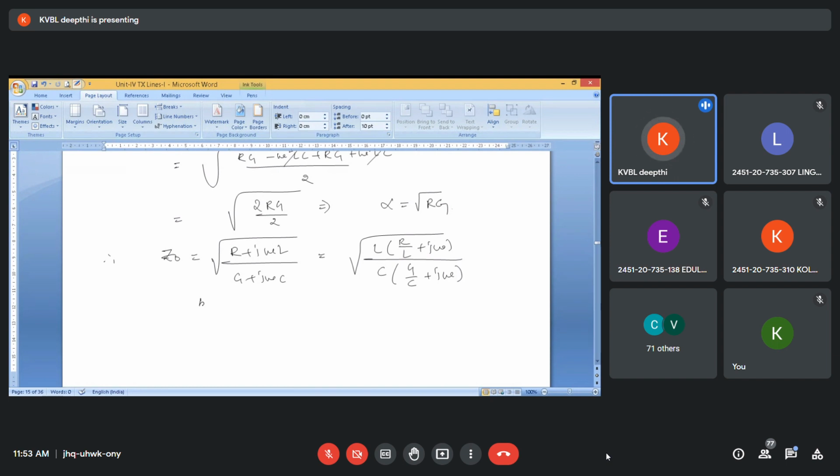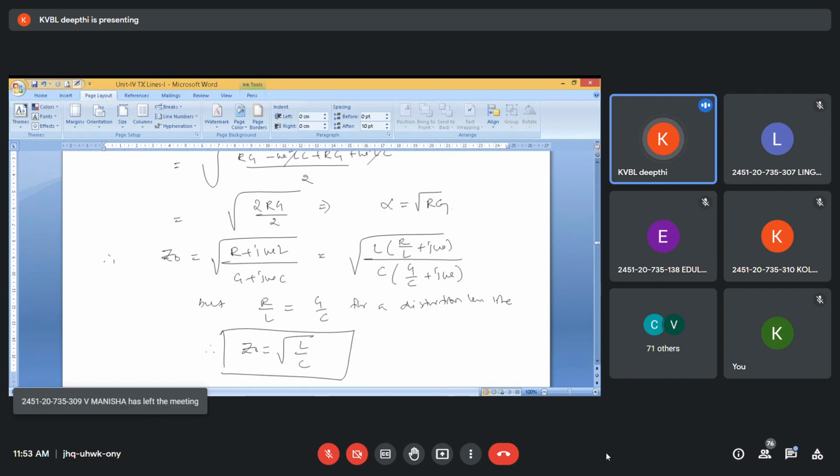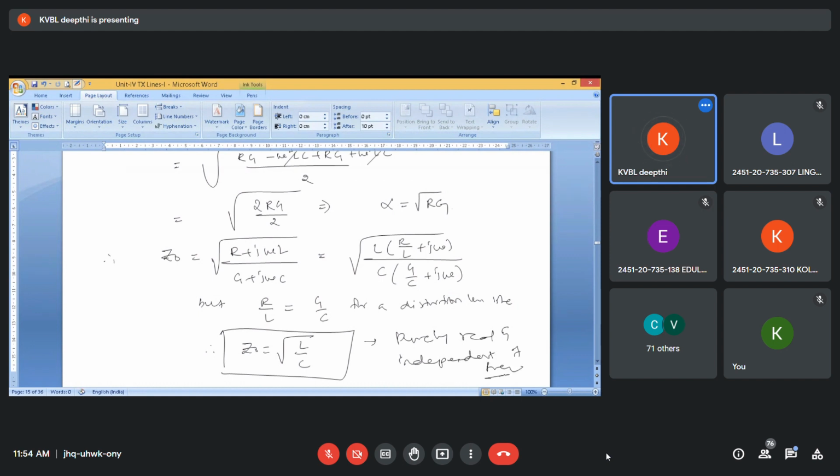But we know that R by L is equal to G by C for a distortionless line. So therefore Z0 is equal to root of L by C. This particular value is purely real and independent of frequency. So this completes your distortionless line.